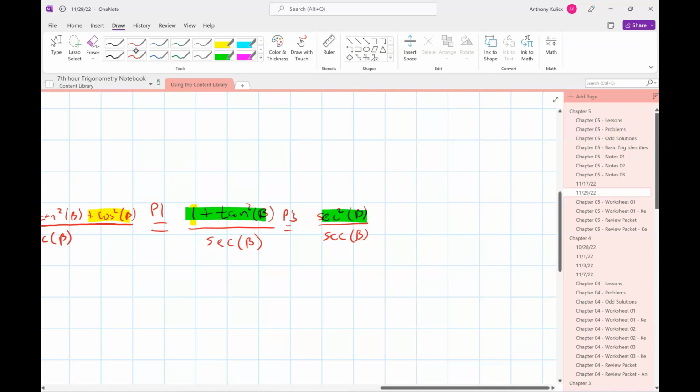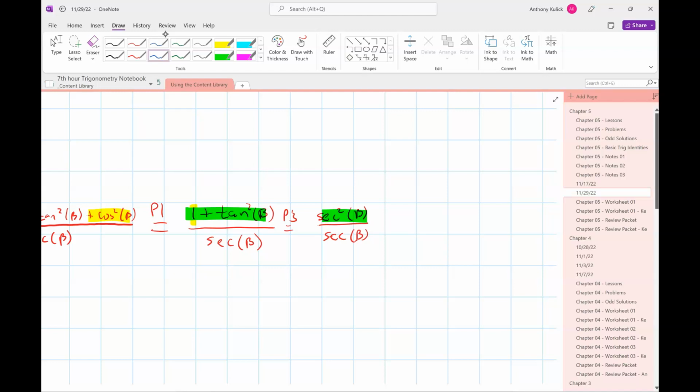Now that fraction is written in a form I could reduce because everything is just multiplication, right? How would I reduce secant squared beta over secant beta? How to reduce x squared over x? How to reduce 4 over 2?